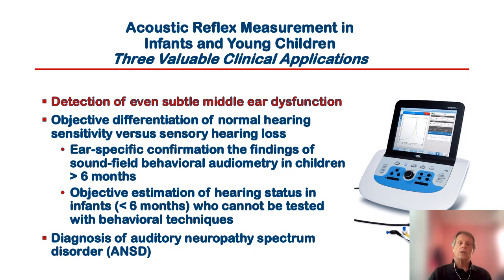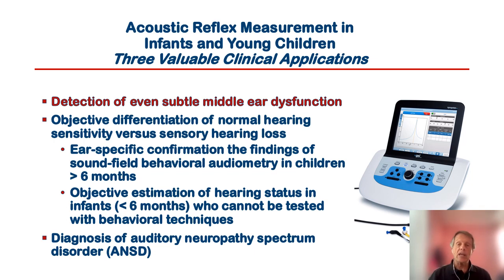And then the acoustic reflex also is extremely important as a tool to identify children with auditory neuropathy. If, for example, we have a child with normal otoacoustic emissions, the amplitudes are well within a normal range, normal tympanometry, but no acoustic reflexes, that child is at considerable risk for auditory neuropathy spectrum disorder.